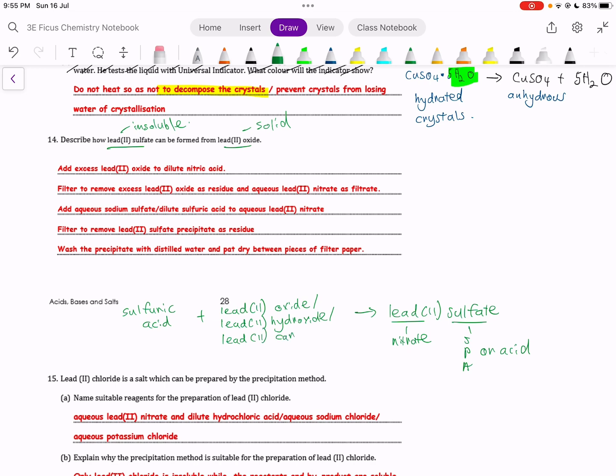Sorry, no, wrong. My apologies. It should be lactose nitrate only. Lactose nitrate, or otherwise sulfuric acid, sodium sulfate, potassium sulfate.